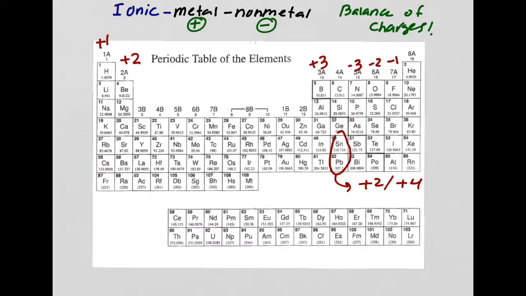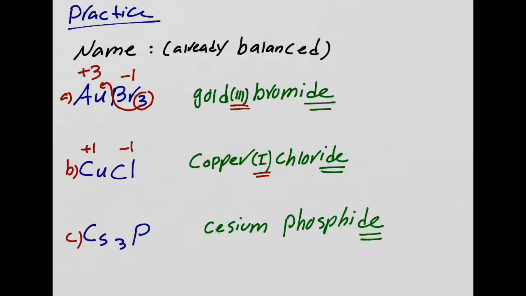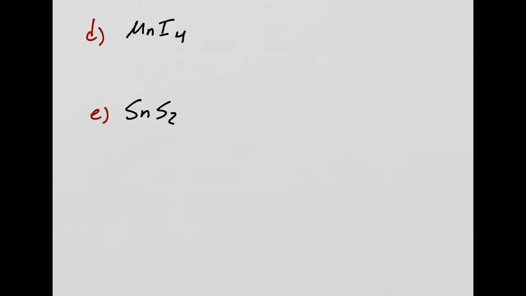Phosphorus is here, with a -3 charge. They only have one possible charge. They're not transition metals, so I don't have to write down any Roman numeral. Roman numerals are only for the ones that have more than one possible charge. So this is cesium phosphide, and this is already balanced out. Okay, next one.